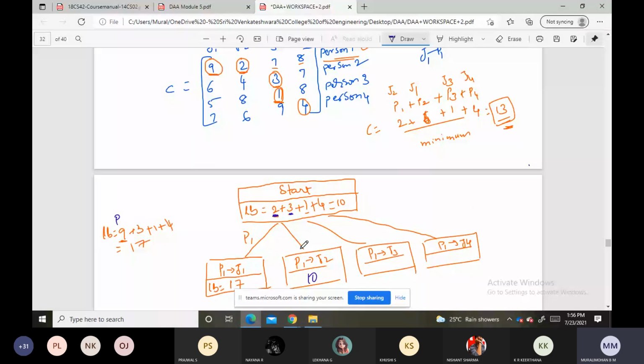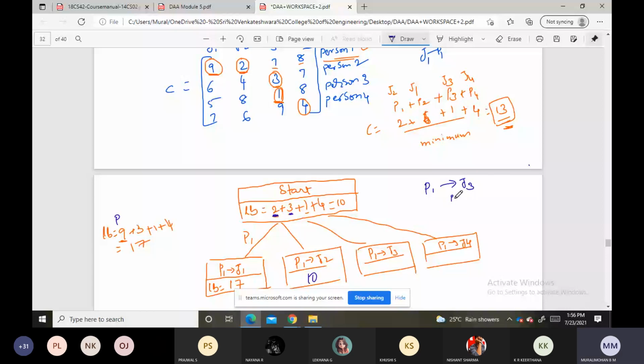You just observe here. It is saying person 1 is assigned job 3, so P1 plus P2 plus P3 plus P4, where P1 is assigned job 3, that is 7.